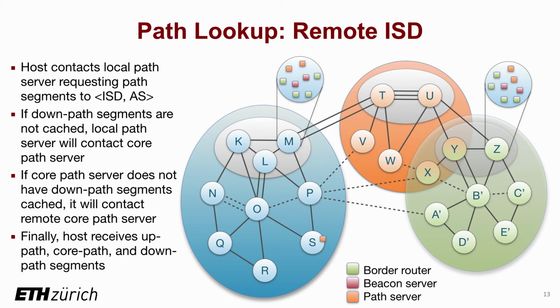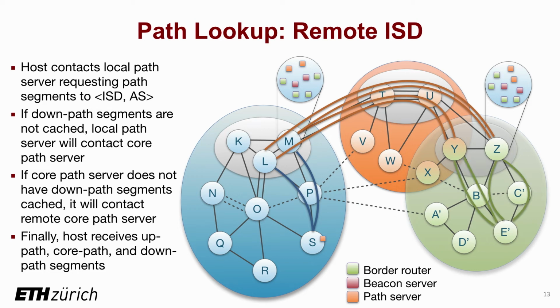So essentially the host will receive a set of up path segments and a set of core segments, as well as a set of down path segments to E prime. And again, as before, the client has a multitude of choices how to combine these different path segments into end-to-end paths.